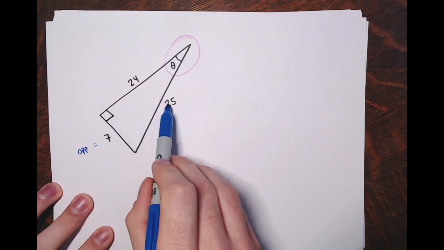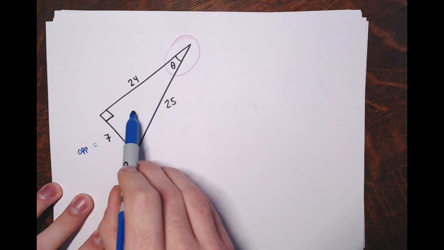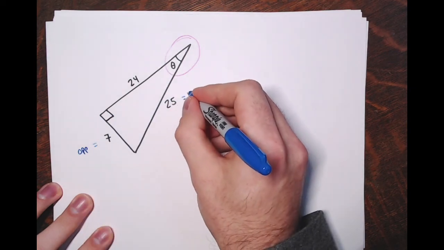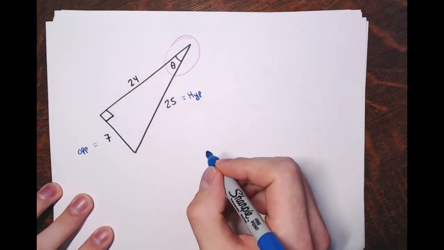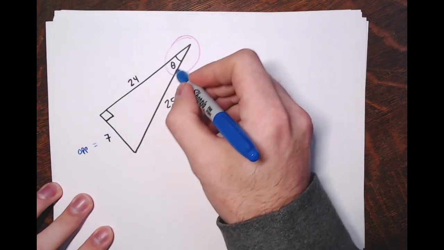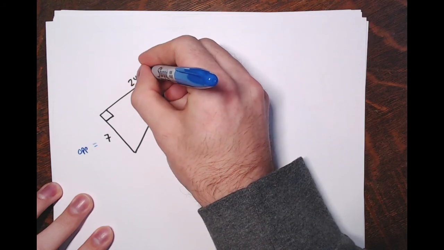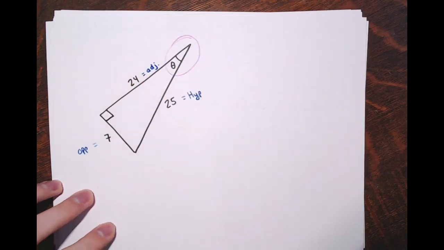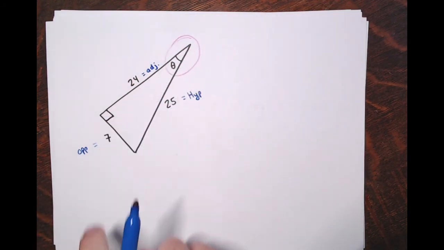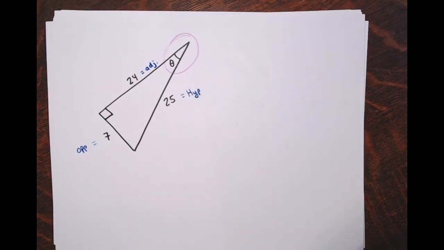The side opposite the 90-degree angle is always the hypotenuse in a right triangle. This side that helps form theta but is not the hypotenuse is the adjacent side, with a length of 24 units, and the hypotenuse has a length of 25.